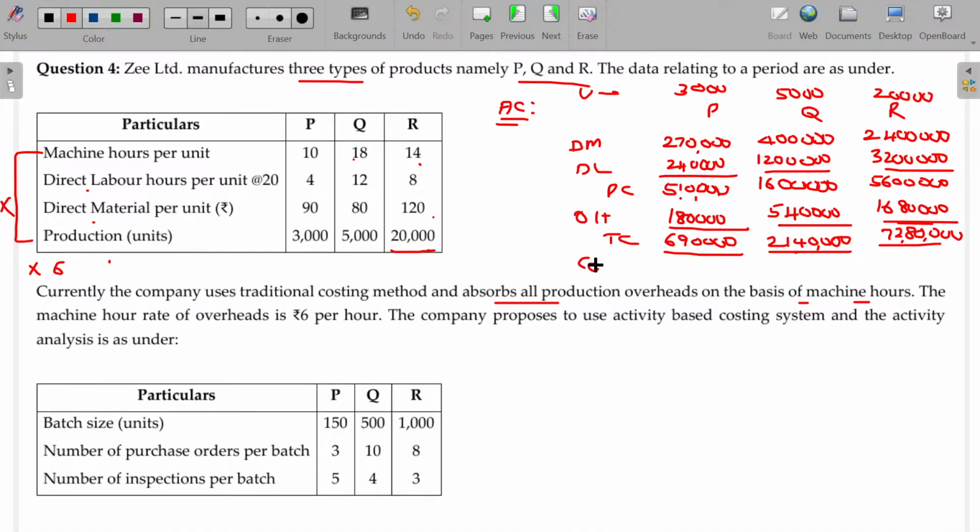What is the cost per unit? 6 lakhs 90,000 divided by 3,000 is 230. And for Q, 428. For R, 364. Clear?